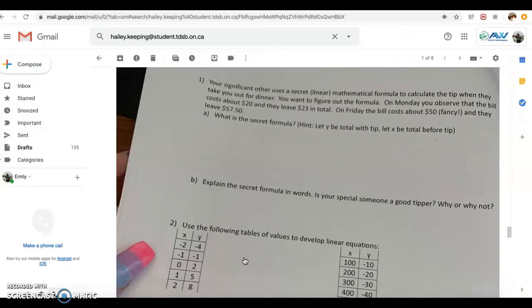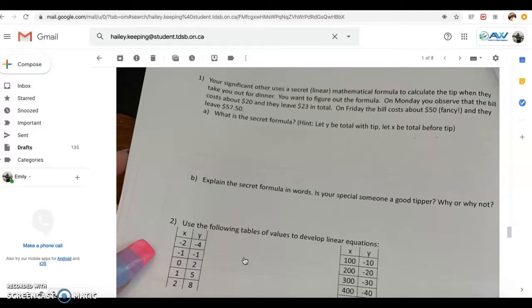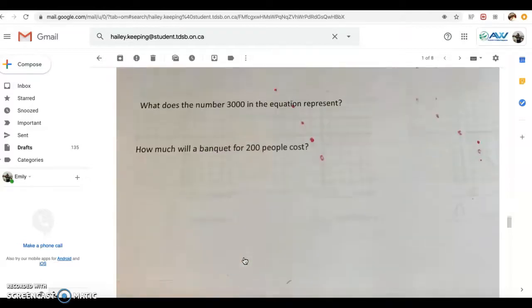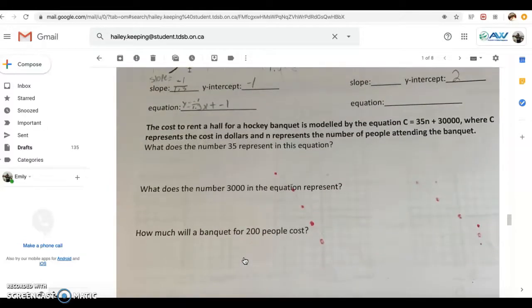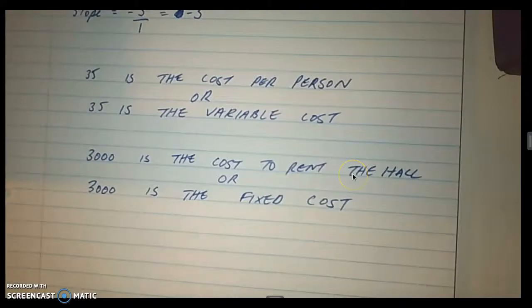Next page here. Oh, I forgot this last one here. How much will a banquet for 200 people cost? I'll just show you how to set that up, and then I'll leave it to you to finish it off.